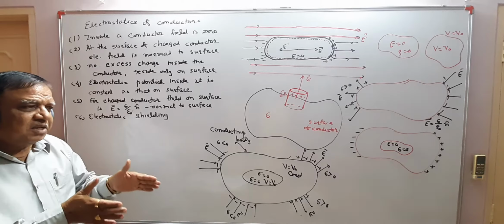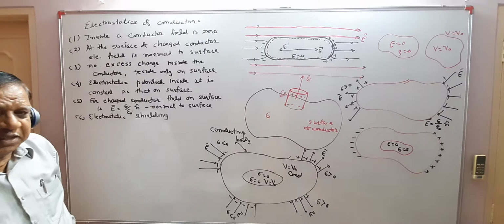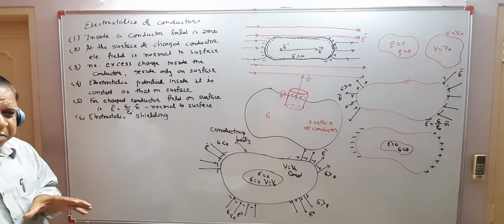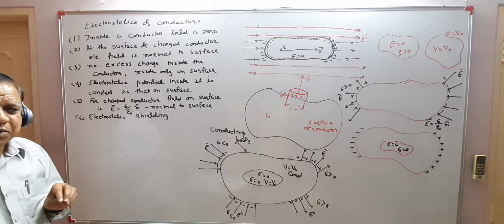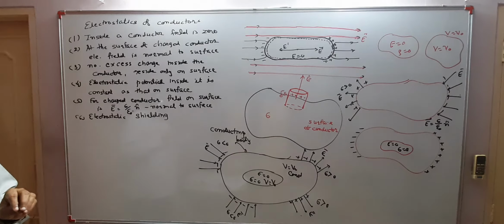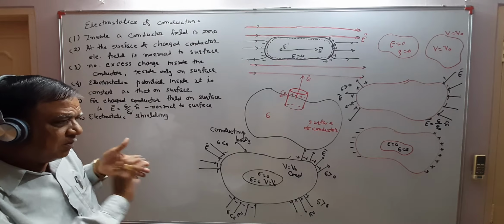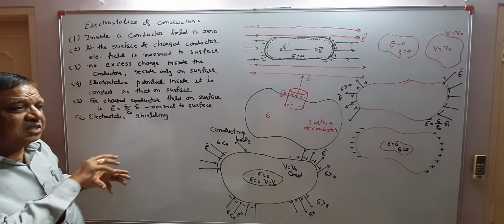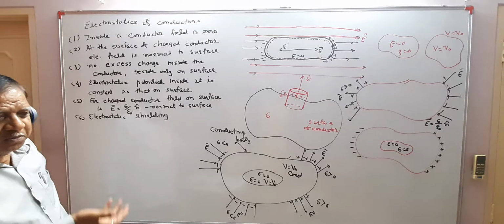Conductor means a material in which current can flow easily. Insulator means a material in which current flow is not possible. Where current can flow, it has low resistance, and where current cannot flow, there is high resistance.